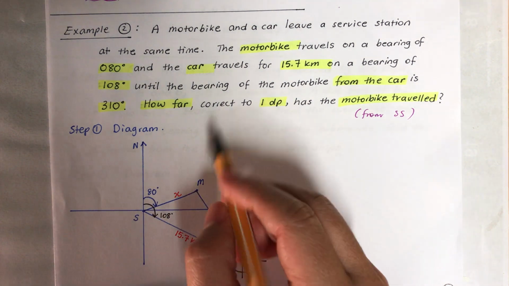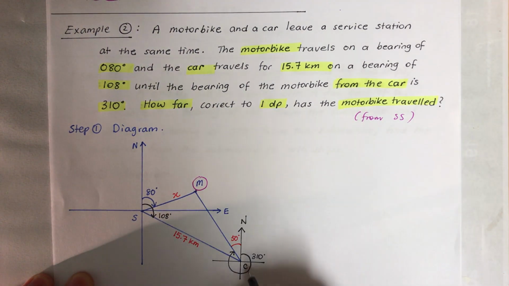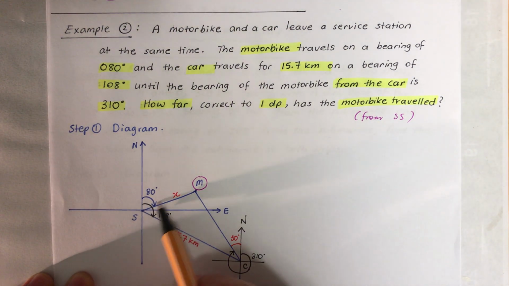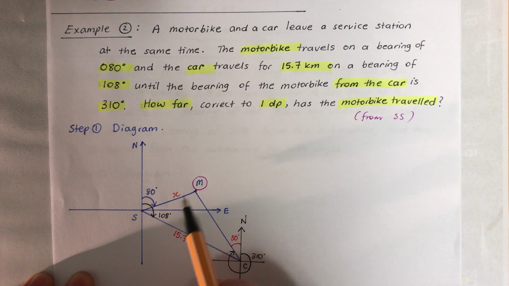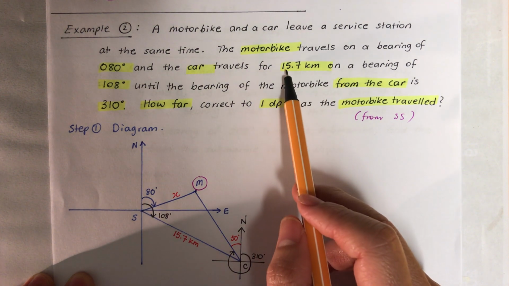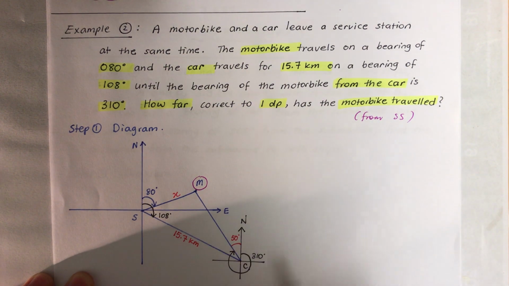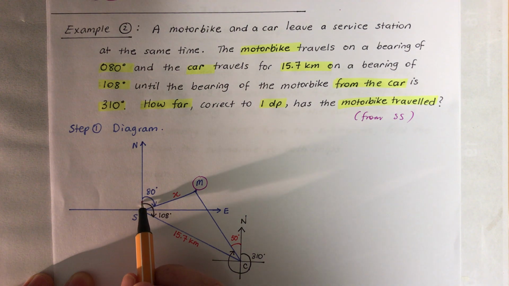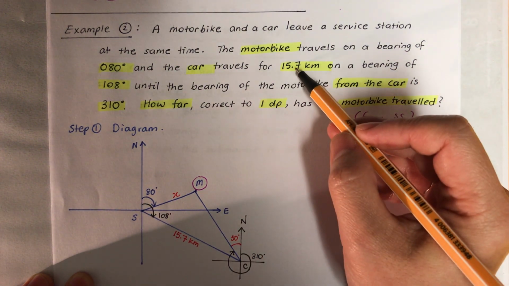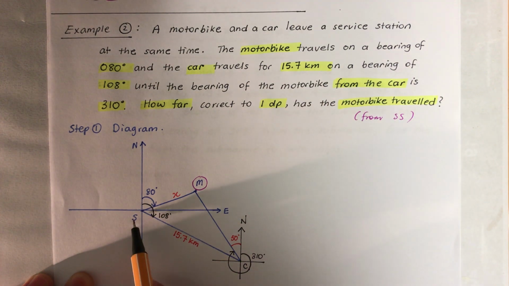M for motorbike and C for car. So the bearing was 80 degrees for the motorbike, and 108 for the car, so they're separated, and the distance was only given for the car.